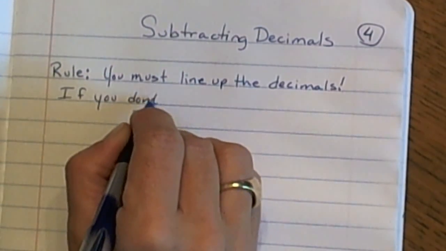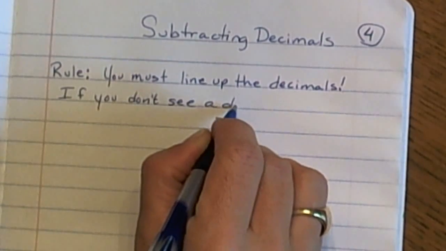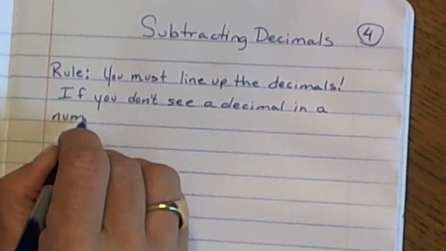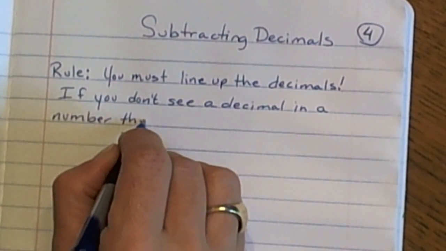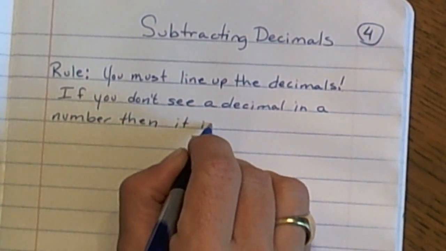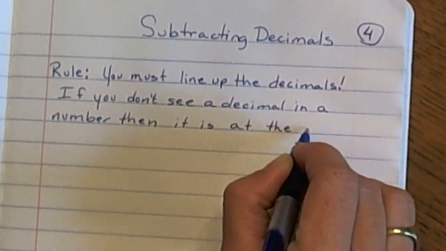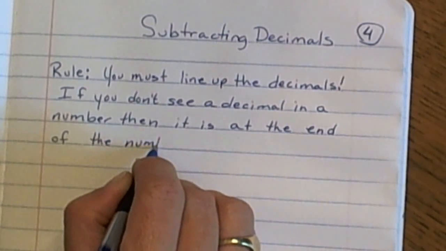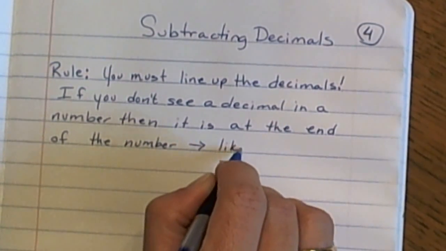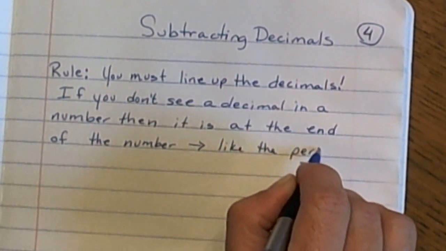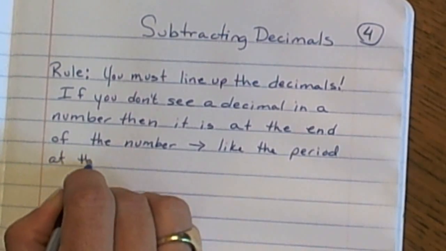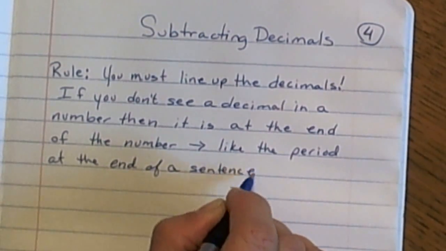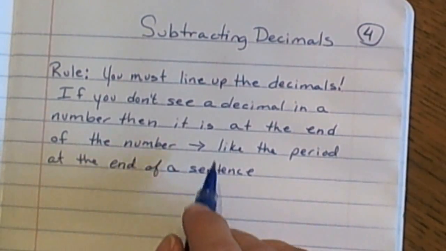If you don't see a decimal in a number, then it is at the end of the number, like the period at the end of a sentence.